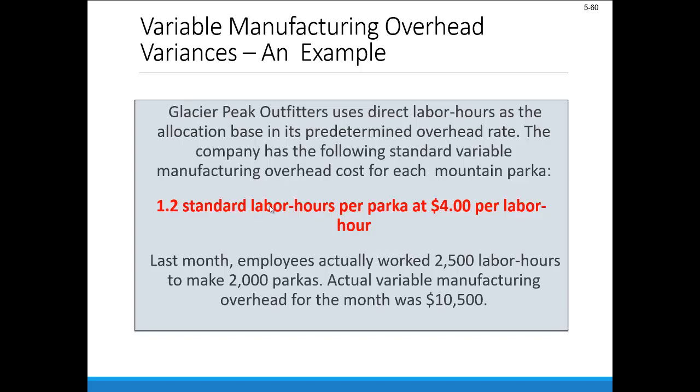We already talked about that with our labor standard. And for a variable overhead rate, the standard is $4 per labor hour. Now, last month, employees actually worked 2,500 labor hours to make 2,000 parkas, as we discussed. And let's assume that actual variable overhead for the month was $10,500.